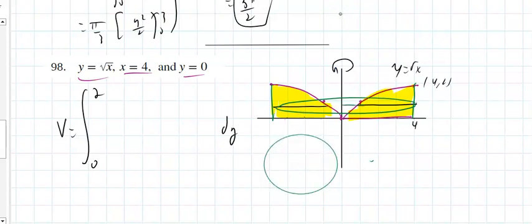And the green, that distance right there is right minus left. That is x equals 4, pi times 4 squared. But the hollow part is right there. That's the purple.